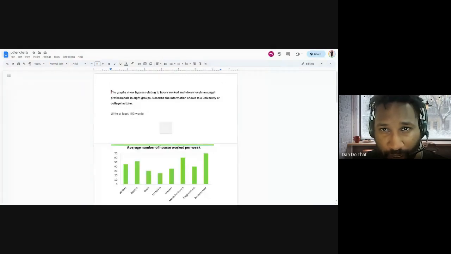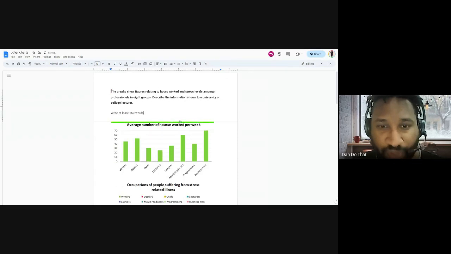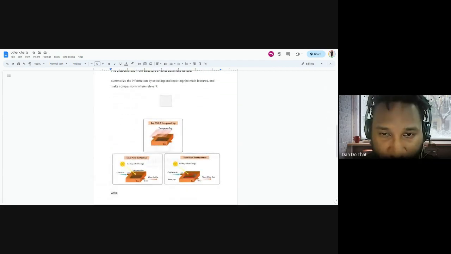What's great about these three steps is that they also apply to the other types of charts. They also apply to the process.